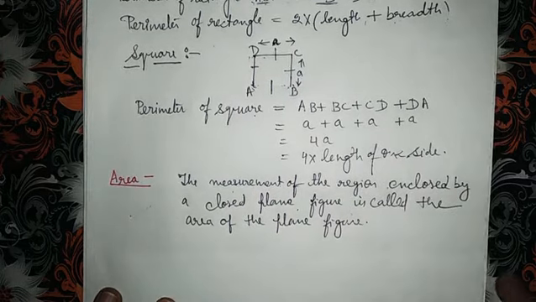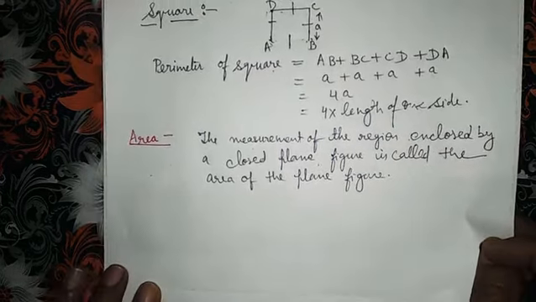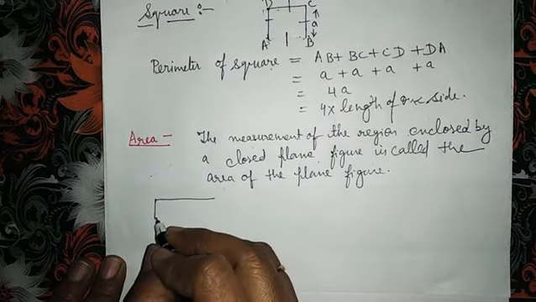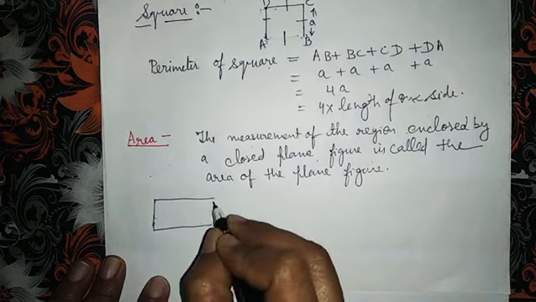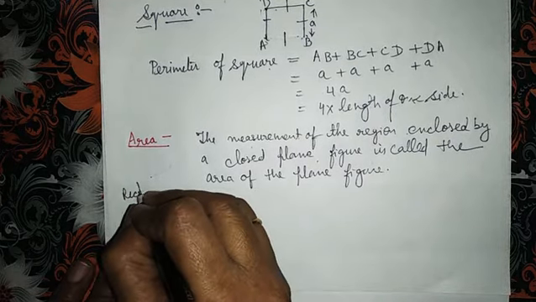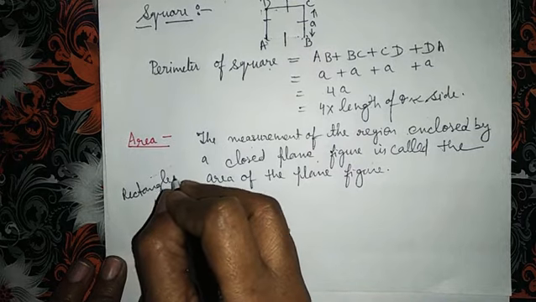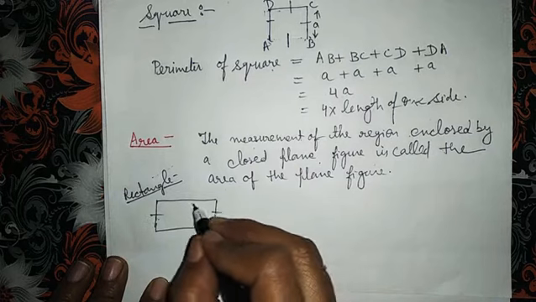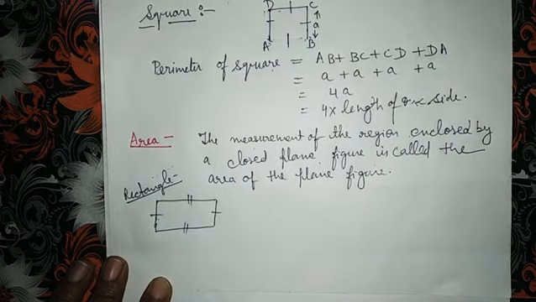Here I am drawing two figures. Here you can see I have drawn a rectangle. In this rectangle, opposite sides are equal.